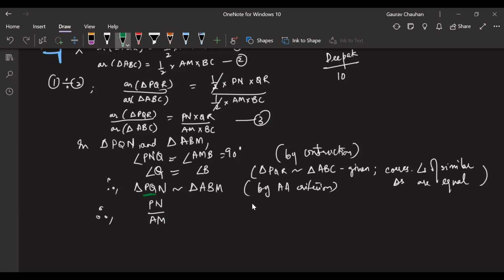PN by AM is equal to PQ by AB. The reason is corresponding sides of similar triangles are in the same ratio. Okay, the full reason needs to be written.